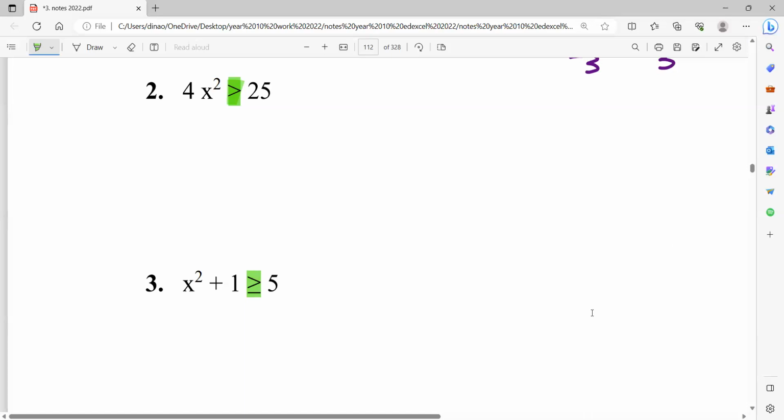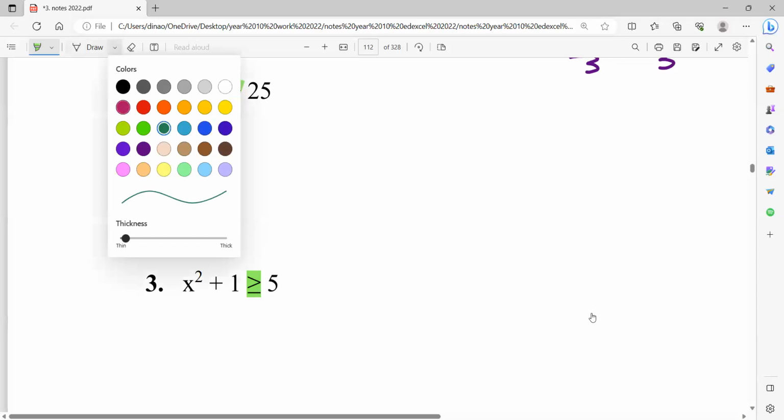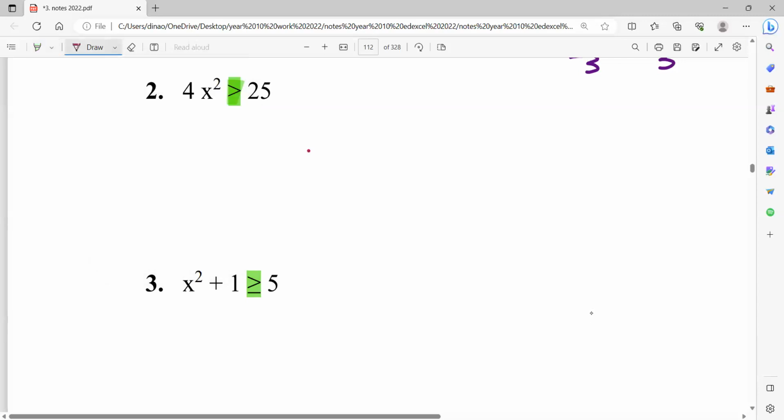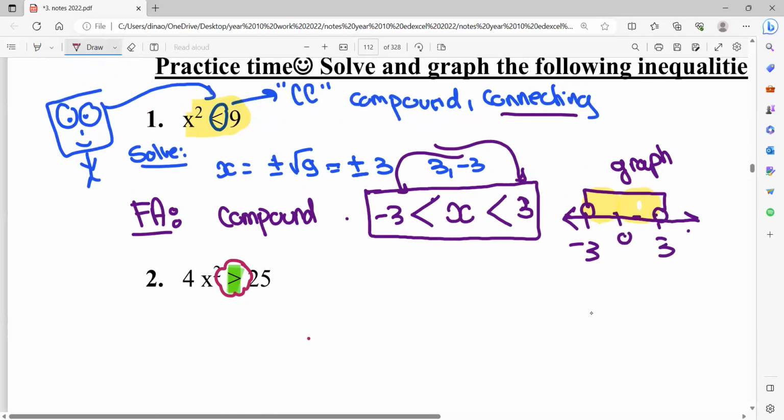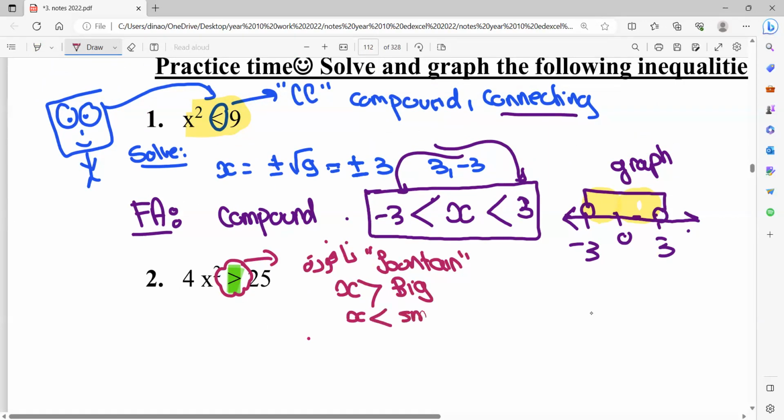The point is that whenever you're dealing with any quadratic inequality questions, you always look at the symbol to know what this question is. Is it a CC question or is it a fountain question? Which is, of course, if anyone doesn't understand my Arabic totally, the fountain question. How does the answer of the fountain look like? x greater than the bigger limit, x smaller than the smaller limit.